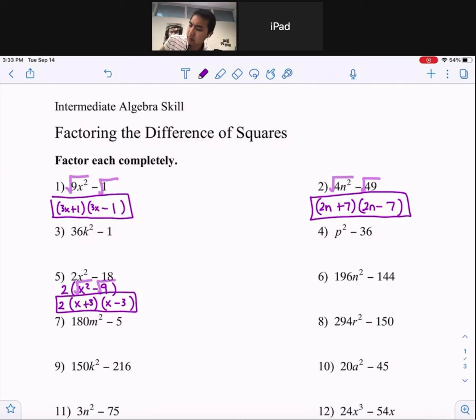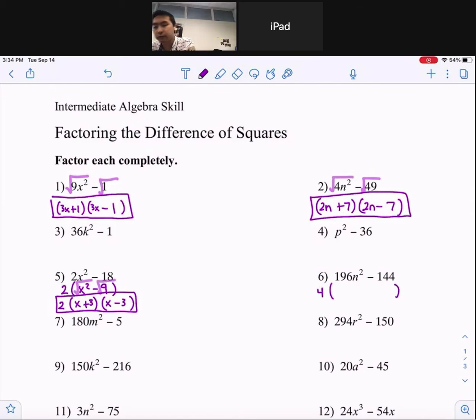Okay. Let's take a look at number 6. One thing that you can factor out from both, I believe you can factor out a 4 from both.